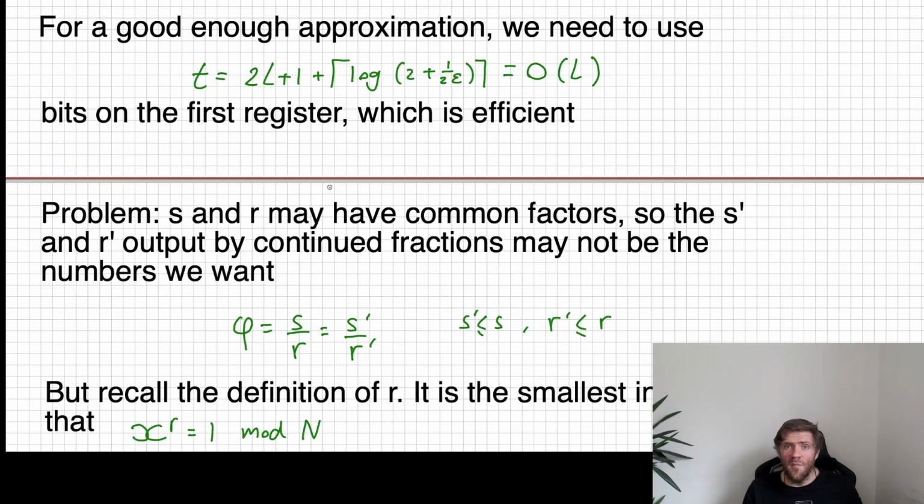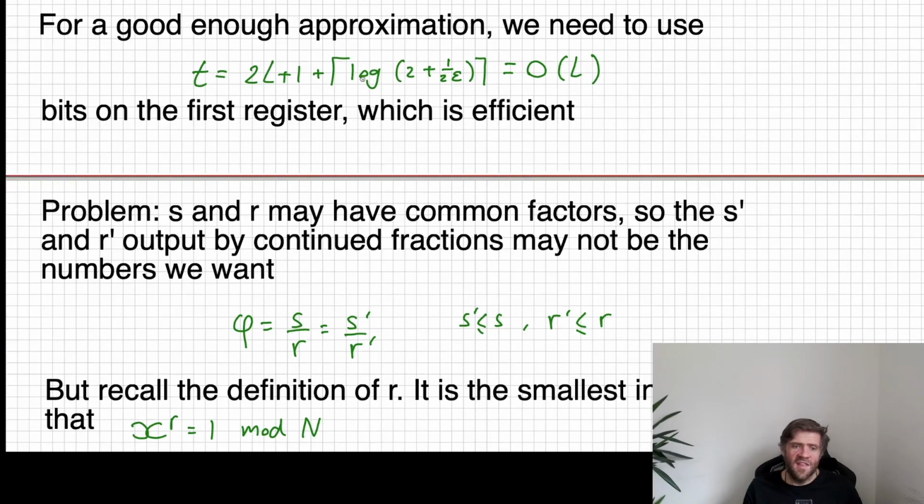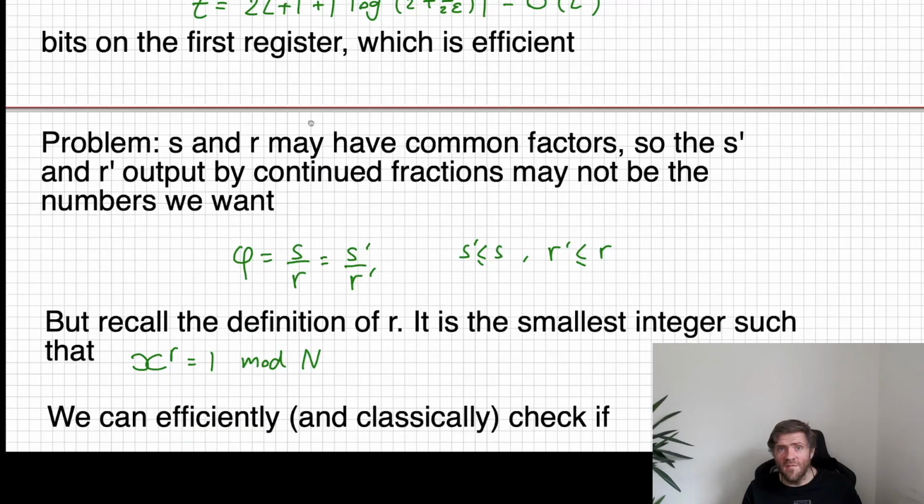And we know that will happen when S has no common factors with anything. So basically, when we hit upon a prime numbered eigenstate, then we will get the right value of R out. And a prime numbered eigenstate will occur fairly often. Primes are not the most common thing in the universe, but they're not all that rare either.